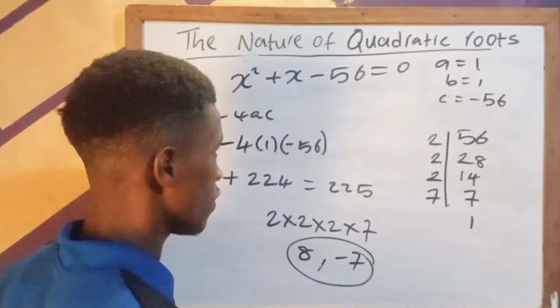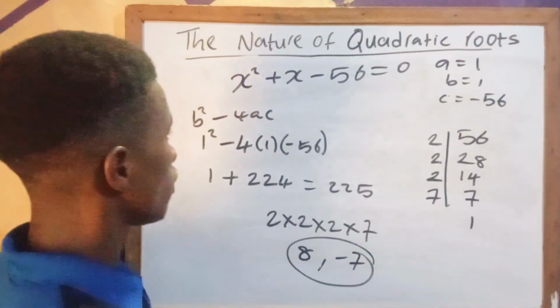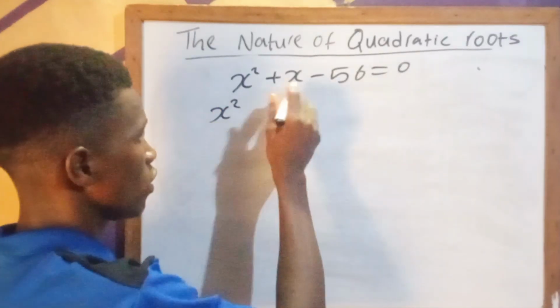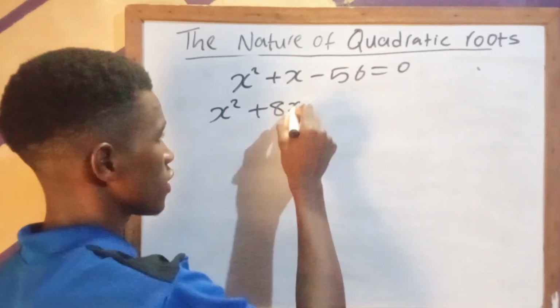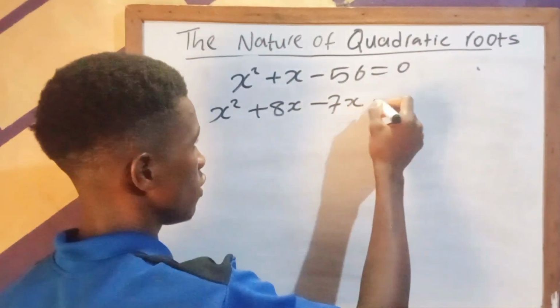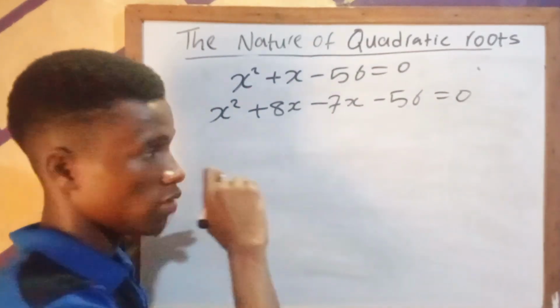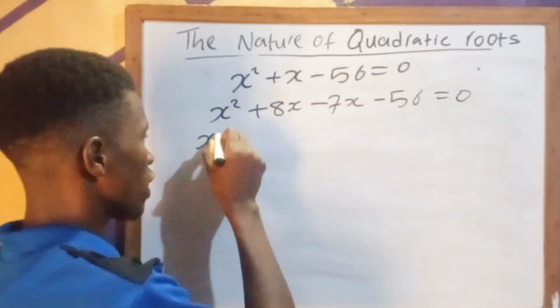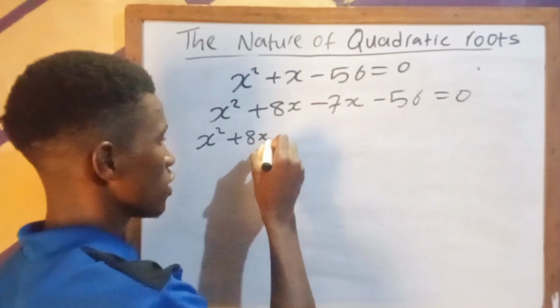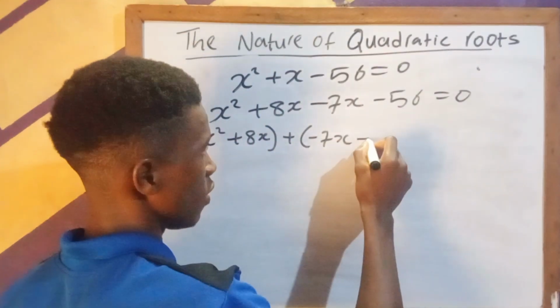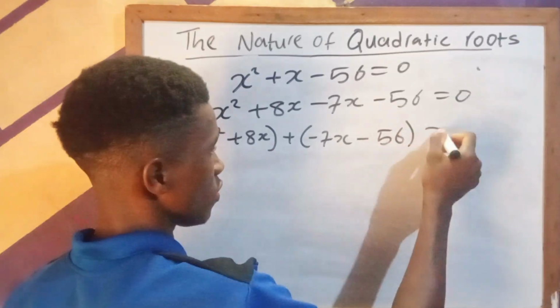So from here we can see that the expression becomes x squared plus 8x minus 7x minus 56 equals 0. So this now satisfies them. We can write this as: x squared plus 8x plus minus 7x minus 56 equals 0.